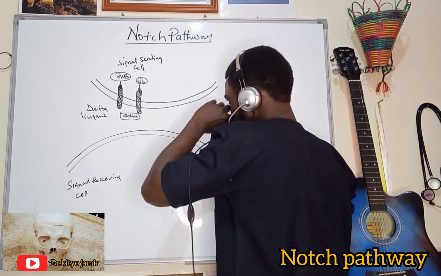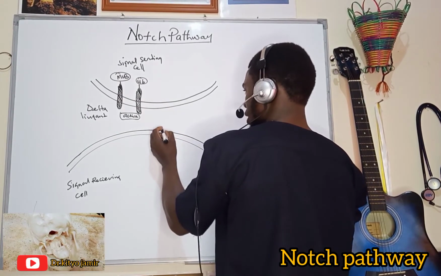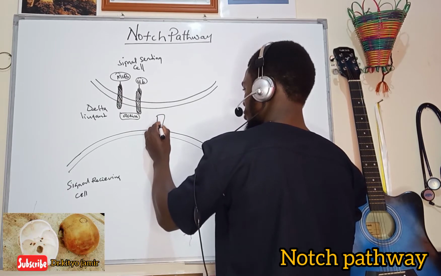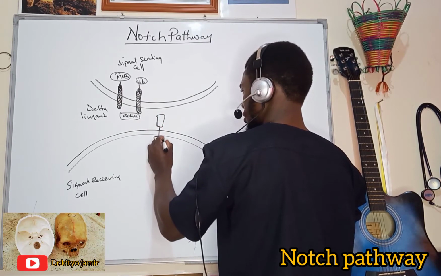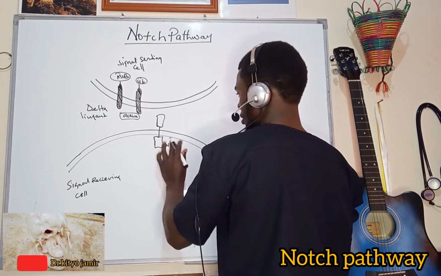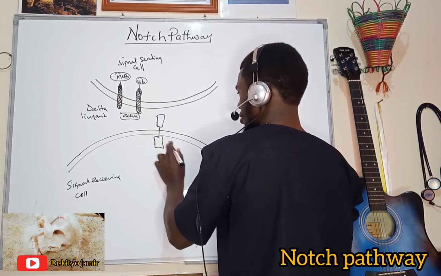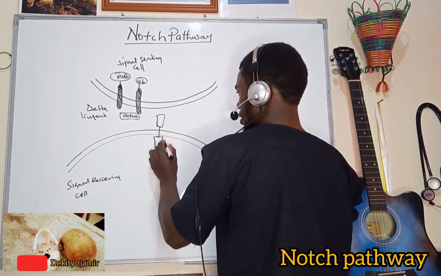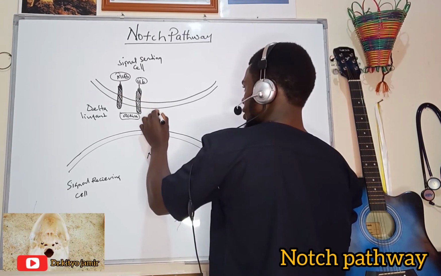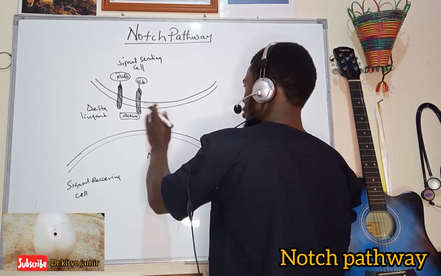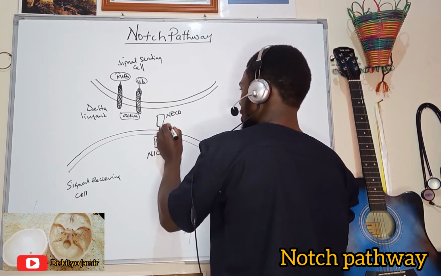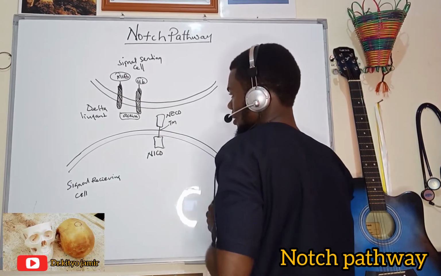So once it is activated, on our signal receiving cell, we have our molecules. This is the Notch intracellular domain. This is the Notch extracellular domain. Then this one is the transmembrane protein.